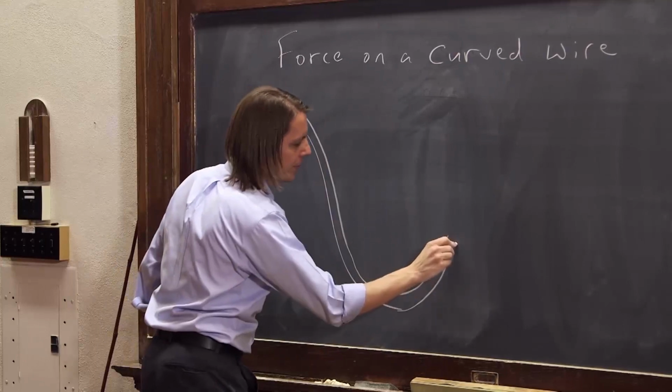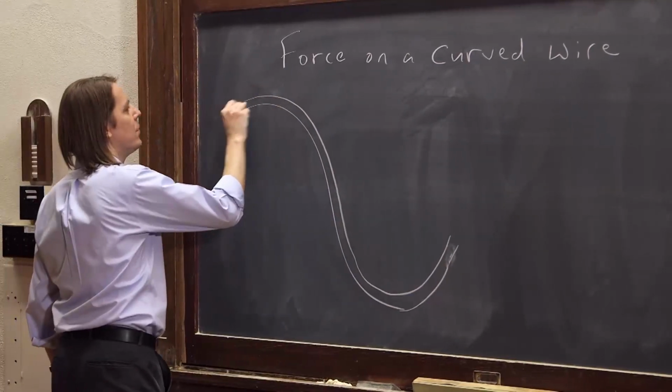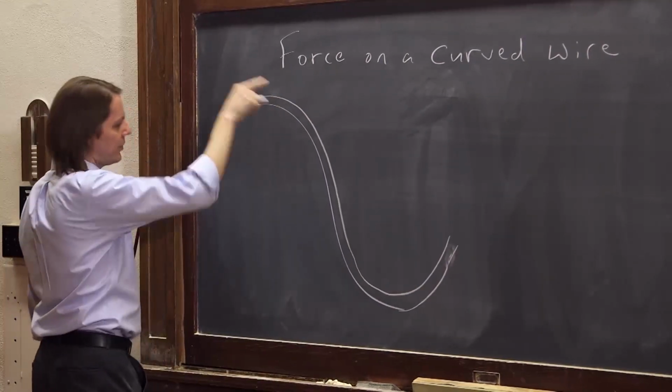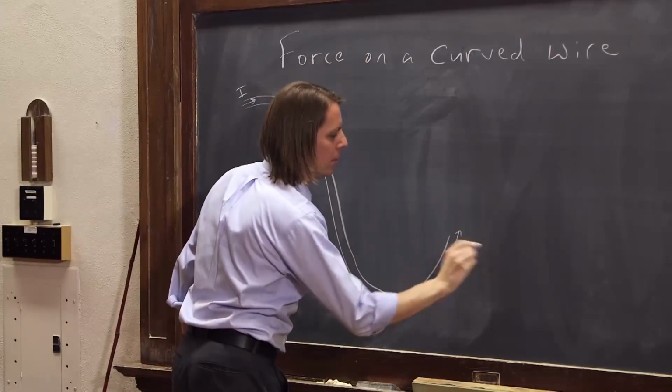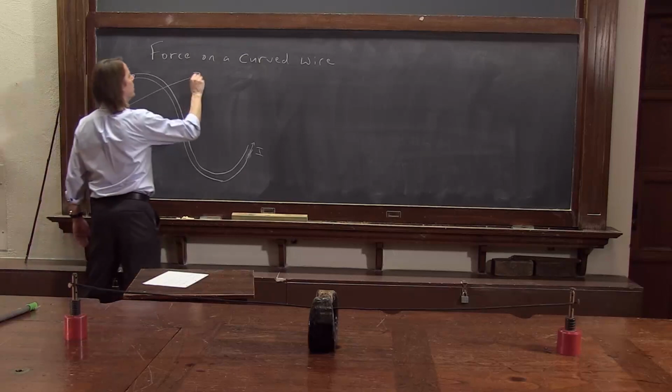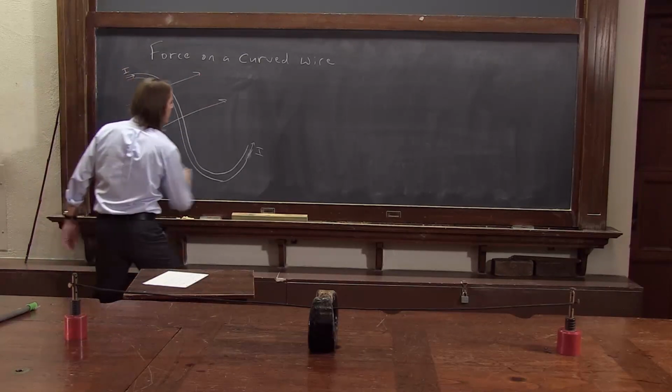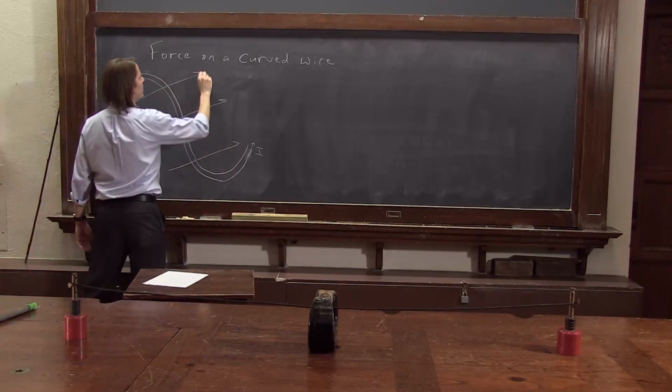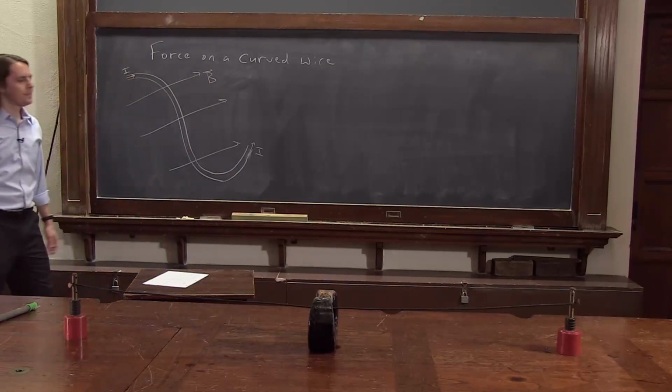Oh, so close, okay. And there's current flowing through this wire. The same current has to flow all the way through the wire, like that. And let's put it in a magnetic field. It doesn't have to be uniform, but I'll draw it uniform just to make it easier to see.